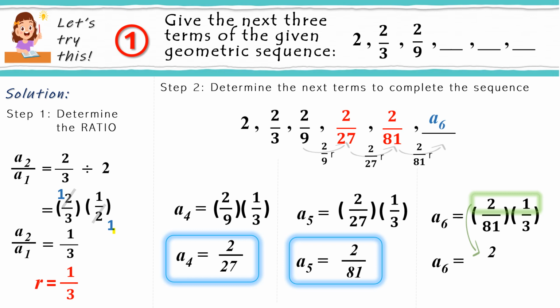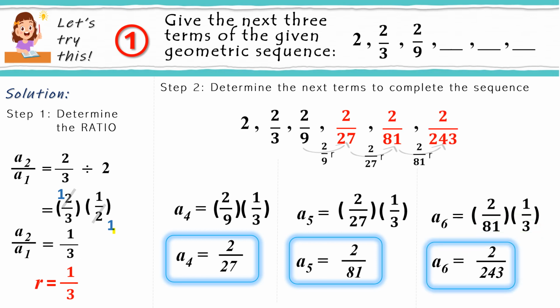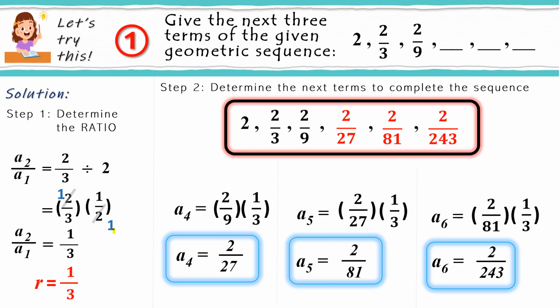That is equal to, ang ating numerator is equal to 2 times 1, which is 2, and denominator is equal to 81 times 3, that is 243. So, wala na diyang common factor na pwede pang ipang-divide sa both numerator and denominator, kaya yan ang ating a sub 6.